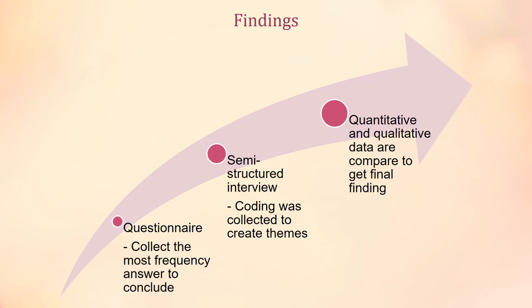Now the question is, how am I going to conclude the findings? From the questionnaire, I will take the most frequent answer that the students stated. Then from the interview, I'll take the important themes and compare them to get the final finding. Why I conduct two types of research is to have reliable results or findings.